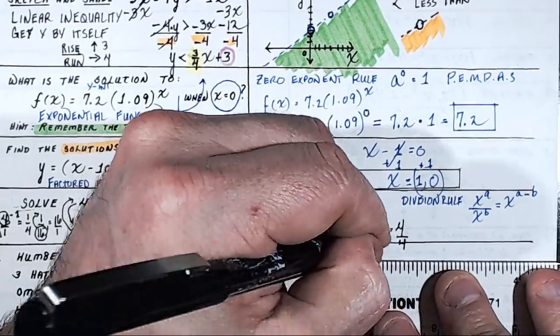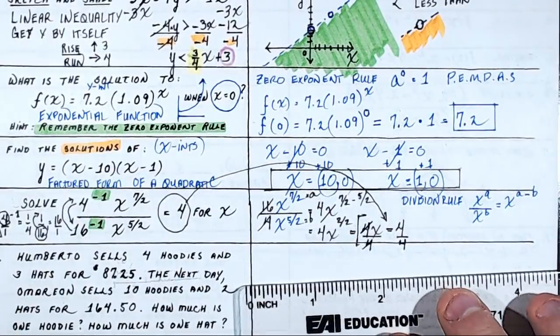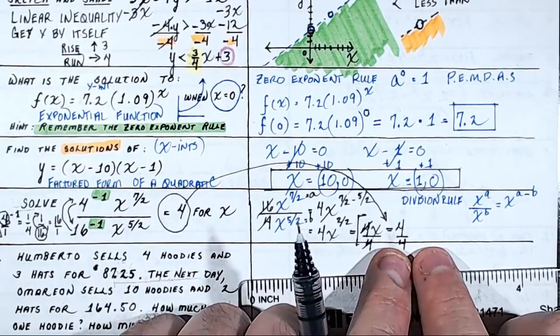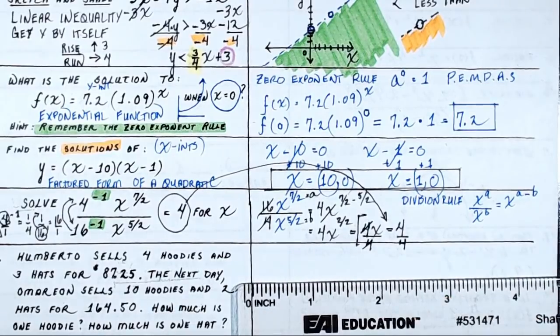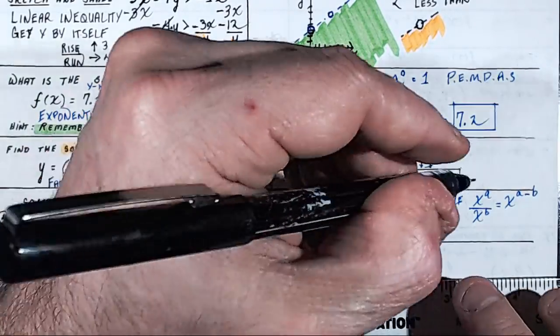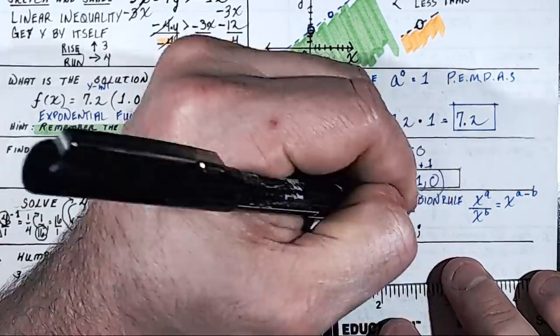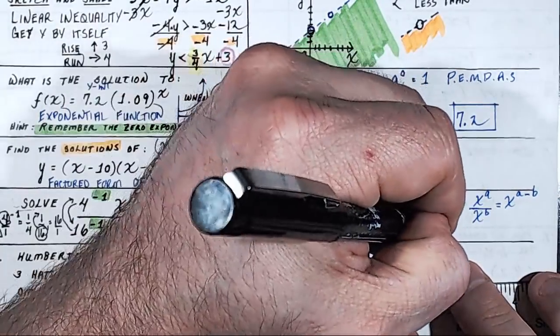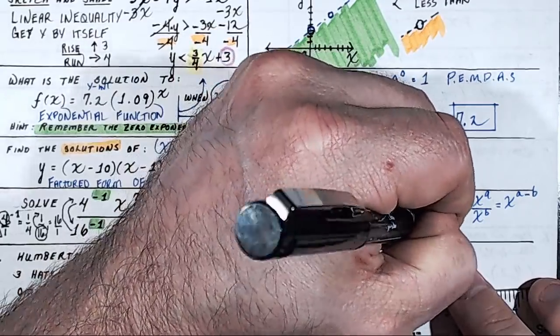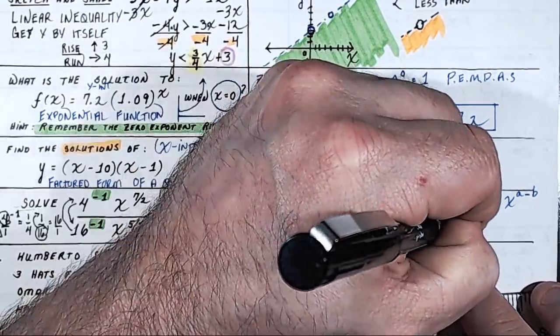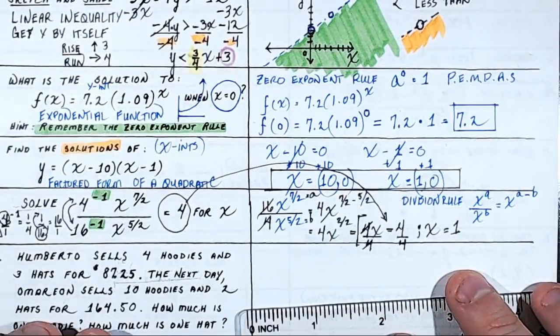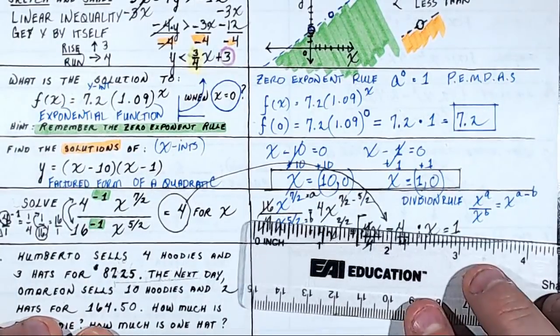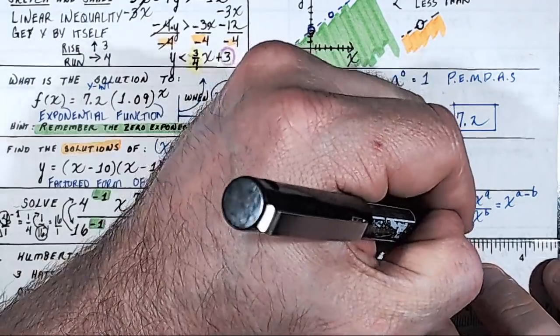On the left side, the 4's cancel out. And on the right side, I have 4 divided by 4. Well, 4 divided by 4 is 1. So that means x equals 1. And that's the solution to this.